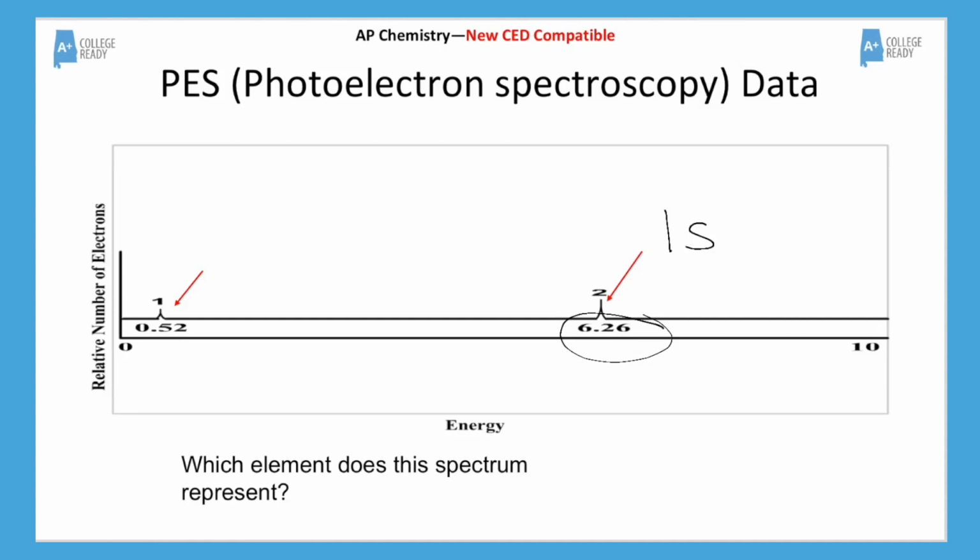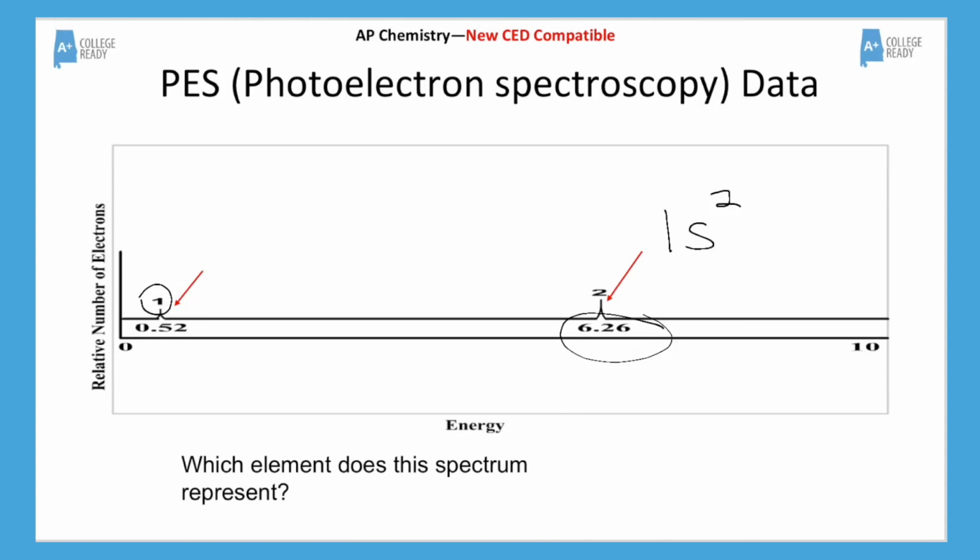So notice there's a 2. How did we know that without a 2 being here and a 1 being written there? Well, it's the height. Look at the y-axis, relative number of electrons. It's the height of the peak. So we would expect, if there's more than one peak, that the first peak should be 2 electrons high. There should be 2 electrons in the 1s orbital if there's a second orbital.